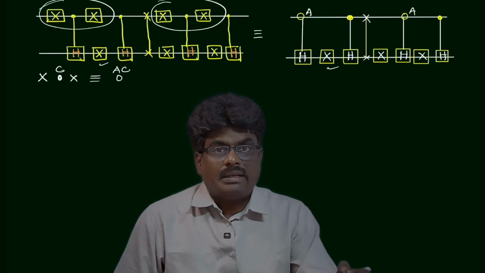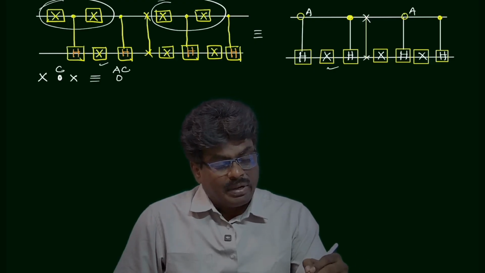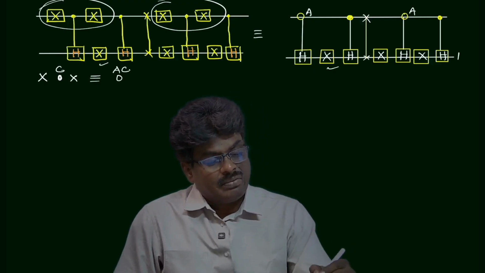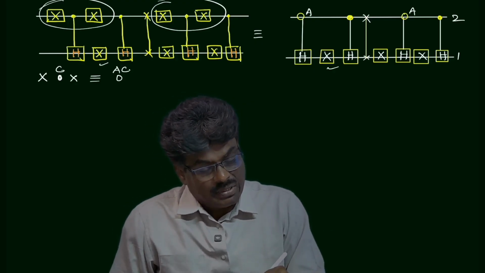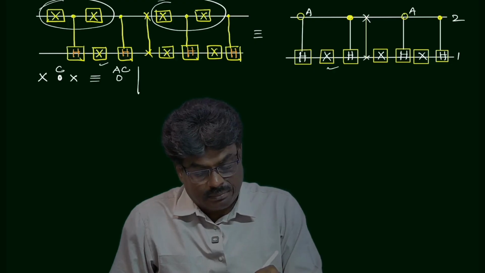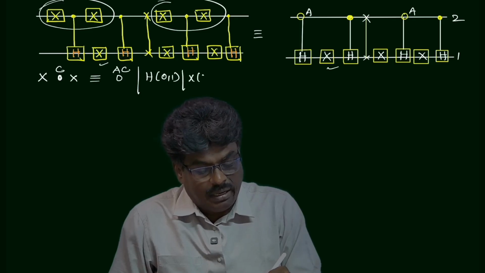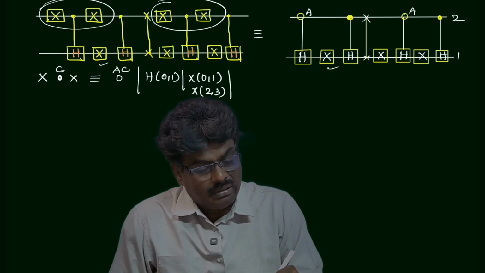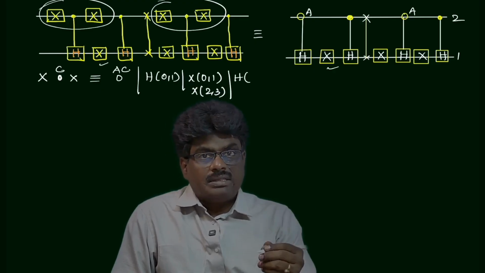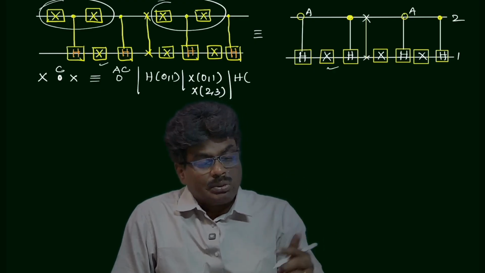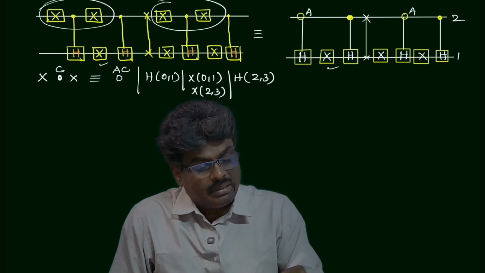Again you got anti-control. So now I'm going to write the operations for this, that is a 1 and a 2. Let me write the operations. First a Hadamard, that is h of 0 comma 1 and no addition. x of 0 comma 1, you have to add 2 comma 3, and control h. Whenever control h is there, control to target 2 to 1, that's why it is 2 comma 3.